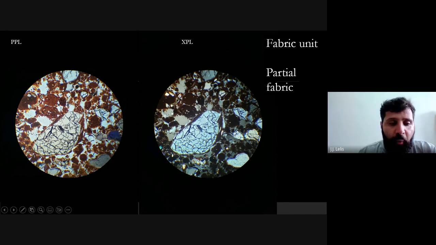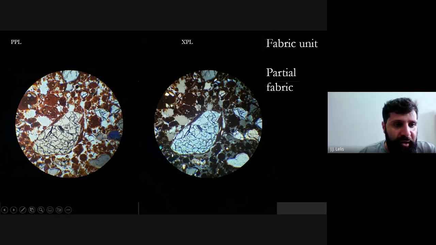And when I compare these materials and see some similarity, when I see characteristics or properties that are the same or quite the same, I can make some groups. I can cluster these fabric units as part of a fabric, or a partial fabric.